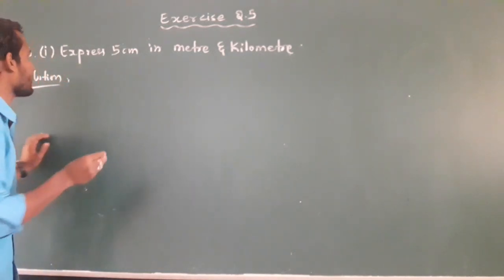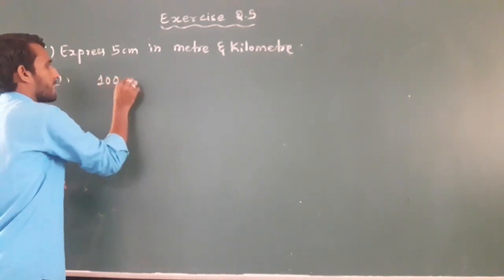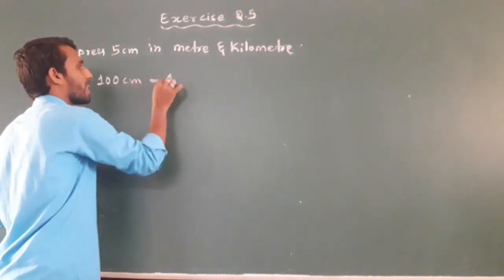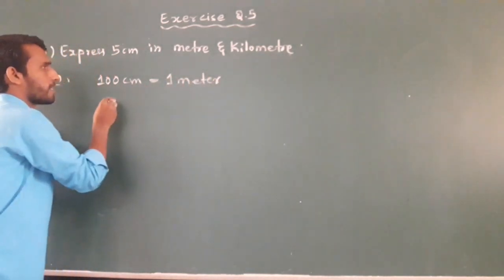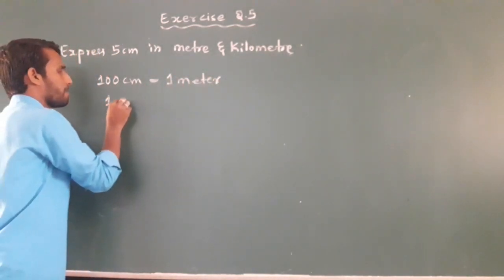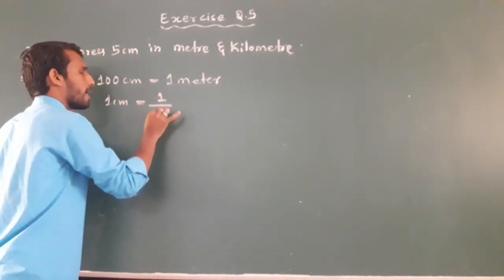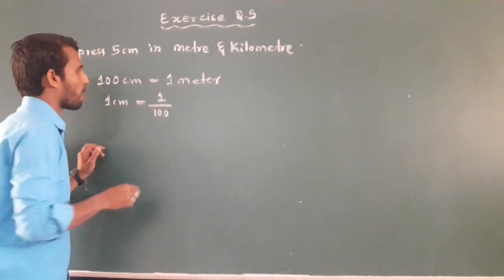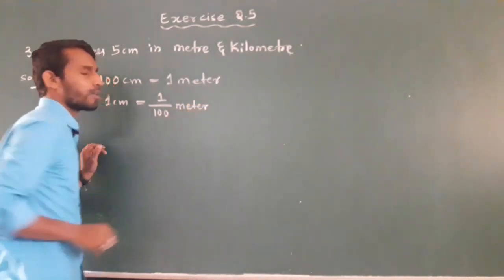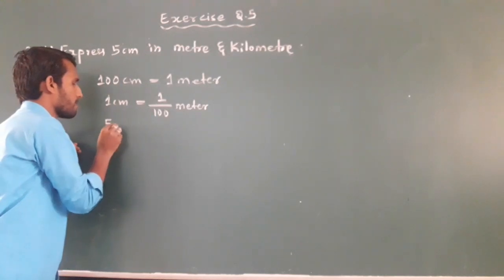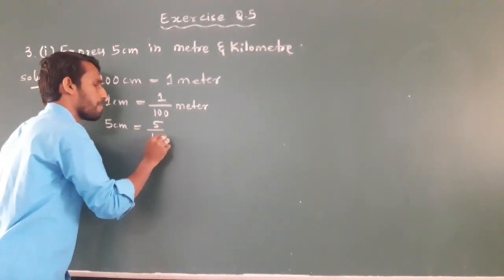Now we can write 100 centimeter equal to 1 meter. So 1 centimeter equal to 1 by 100 meter. When we write 5 centimeter, we get 5 by 100 meter.